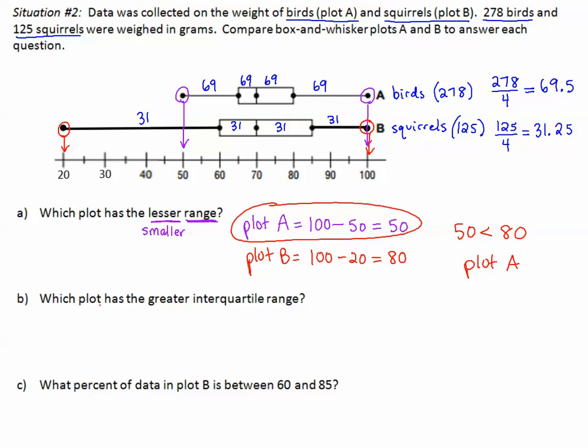B. Which plot has the greater interquartile range? Greater, so we think of more, interquartile range. So again, looking at both plots, plot A, the upper quartile is at 80.